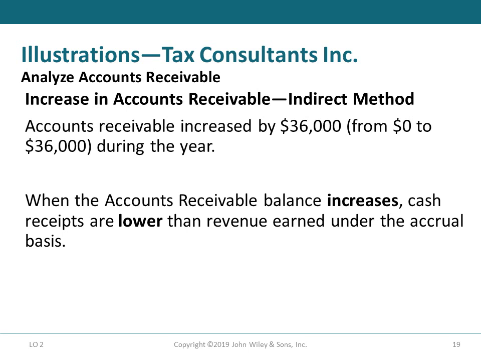We have sales on credit. We have sales that resulted in an increase in accounts receivable. Thus, when the accounts receivable balance increases, cash receipts are lower than revenue earned under the accrual basis.